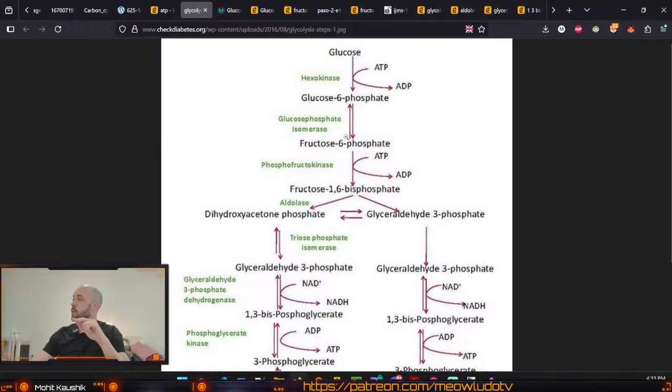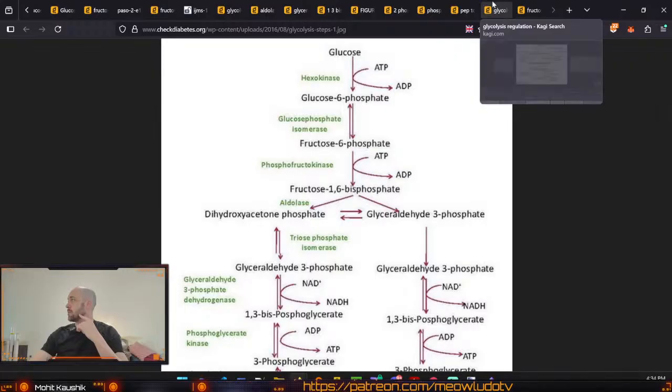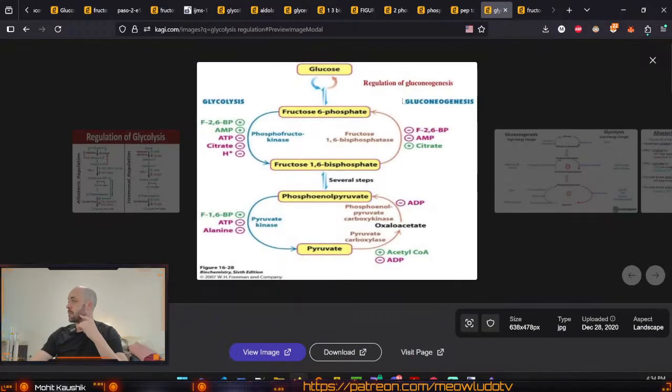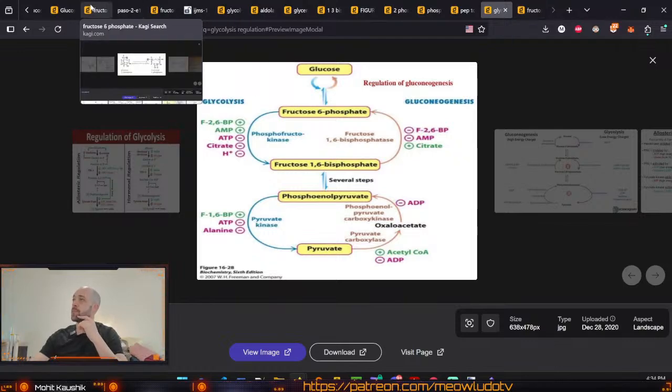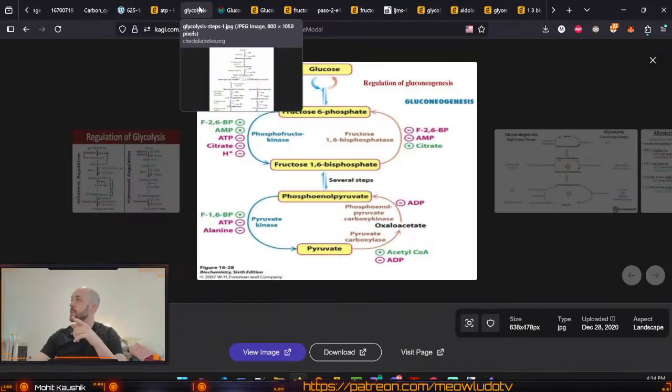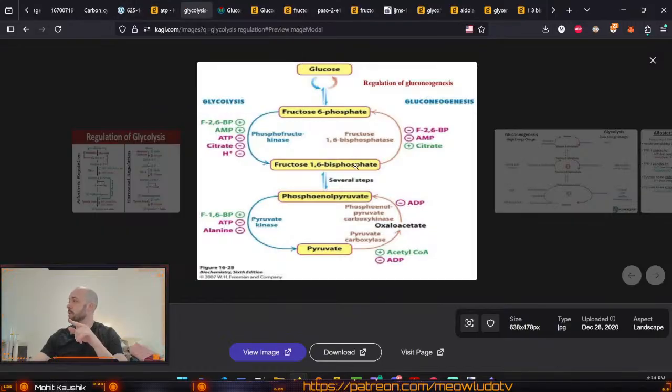Remember, it looks very similar to this, but it enters here. This is a regulatory step. So basically, if we have a look at the regulation, fructose 6-phosphate to fructose 1,6-phosphate. Okay. Fructose 6-phosphate to fructose 1,6-phosphate.